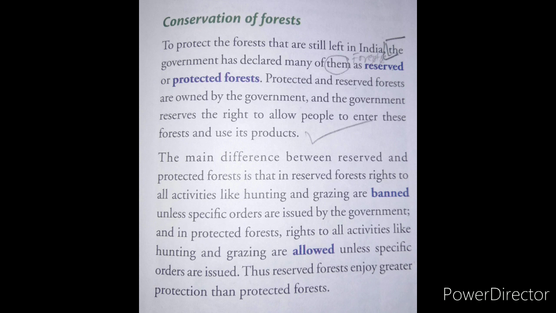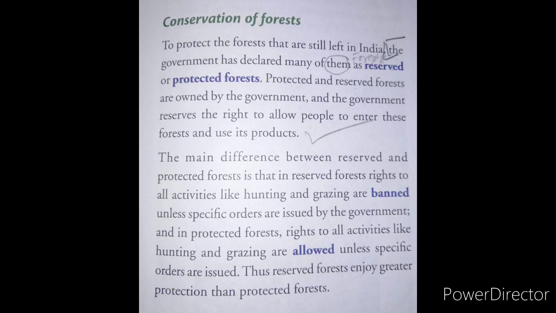In reserved forest, rights to all activities like hunting and grazing are banned unless specific orders are issued by the government, whereas in protected forest, rights to activities like hunting and grazing are allowed unless specific orders are issued.